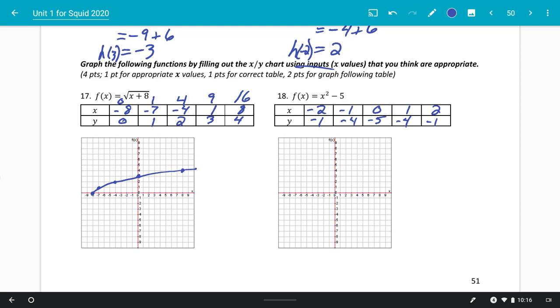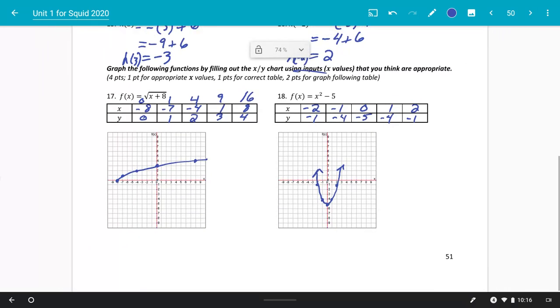Plot those points: -2, -1; -1, -4; 0, -5; 1, -4; and 2, -1. And I've got myself a nice looking parabola there. So there's the second page.